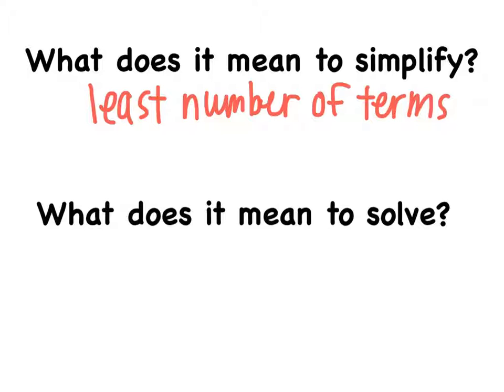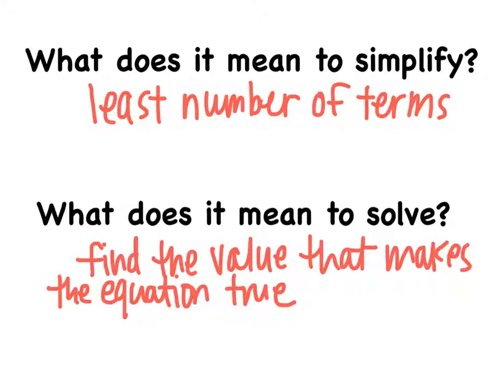That's what it means to simplify, the least number of terms. Solving is when we use our process, our order of operations, to isolate the variable, meaning get x all by itself on one side so that we can figure out what x actually equals. In other words, we're finding the value for our variable that makes the equation true.